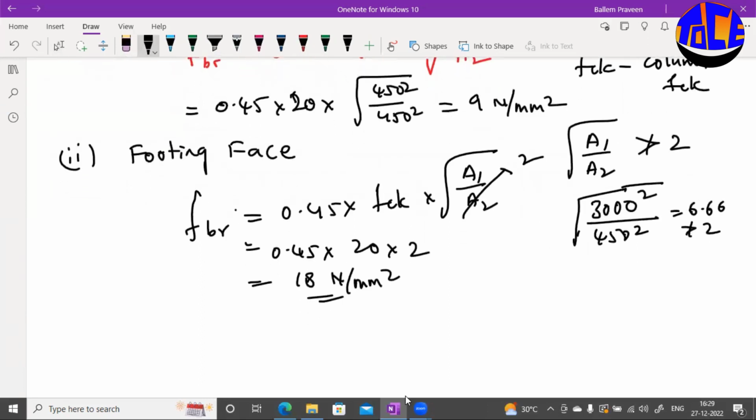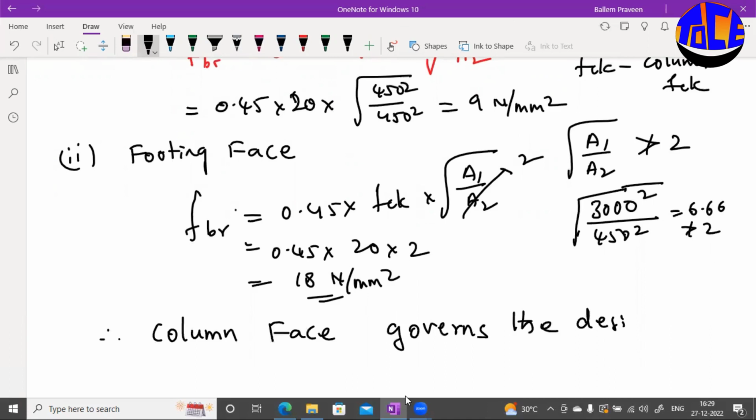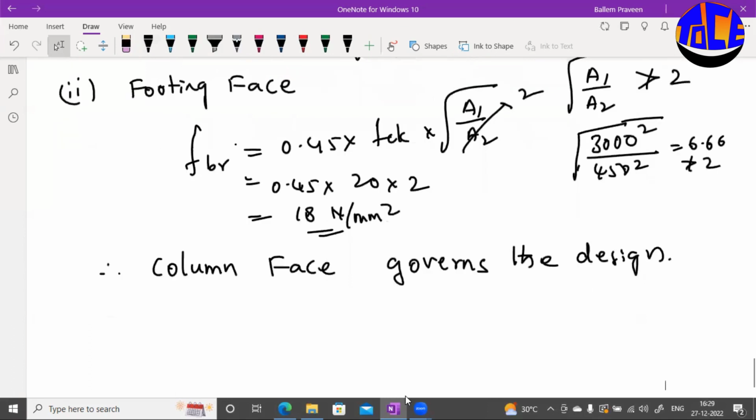The least value is your column face, so the column face governs the design.